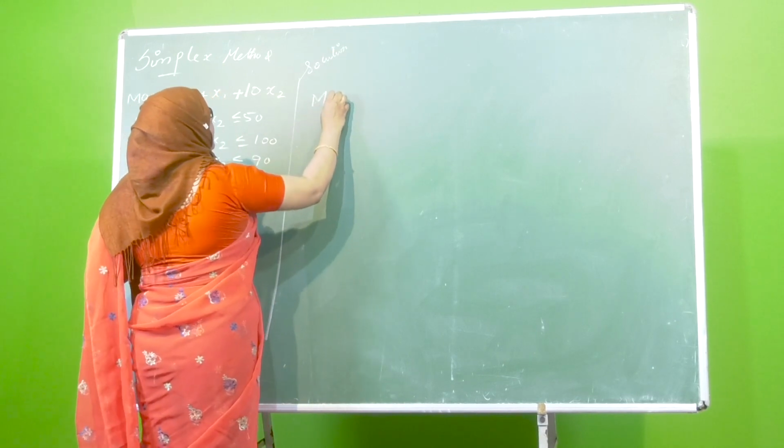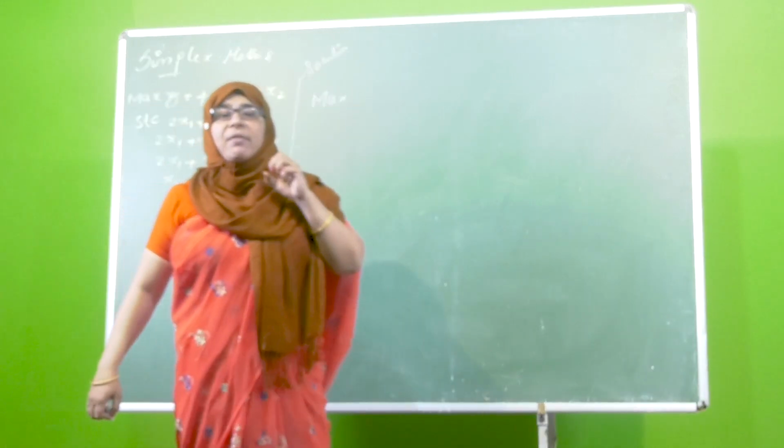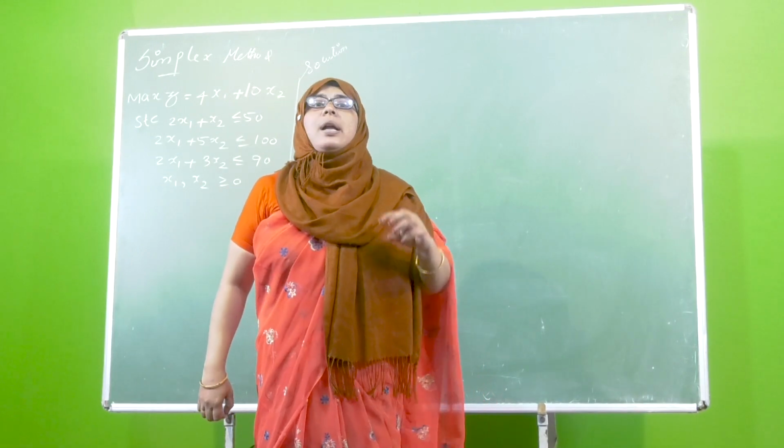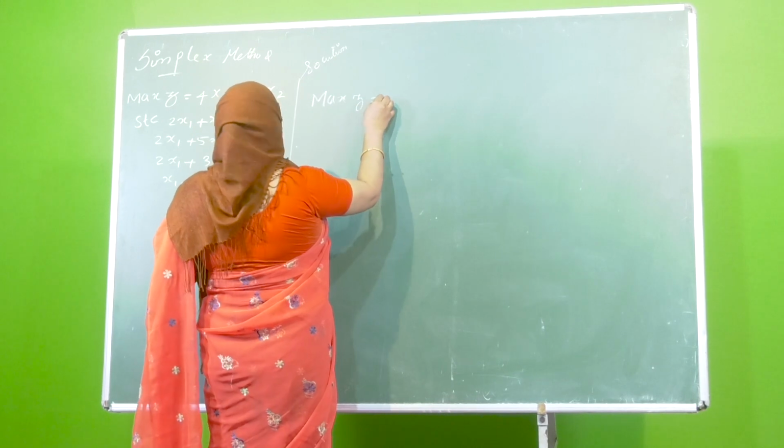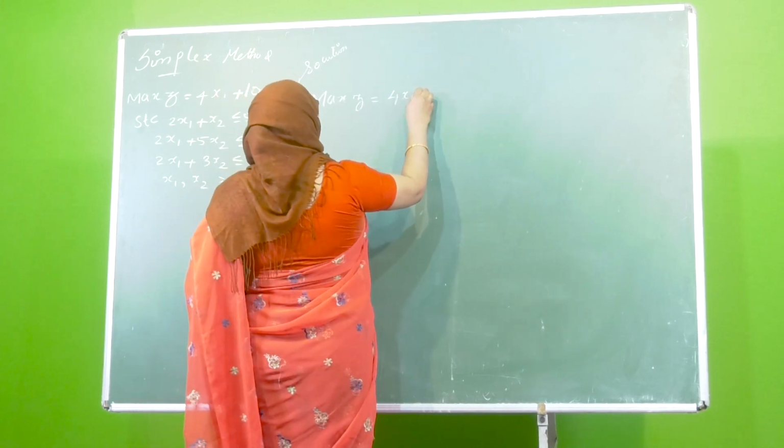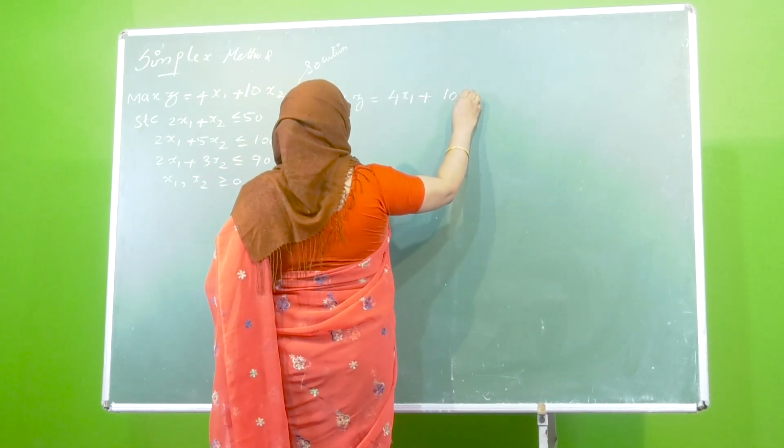So, the slack variables are dummy variables. Maximize z is equal to 4x1 plus 10x2.